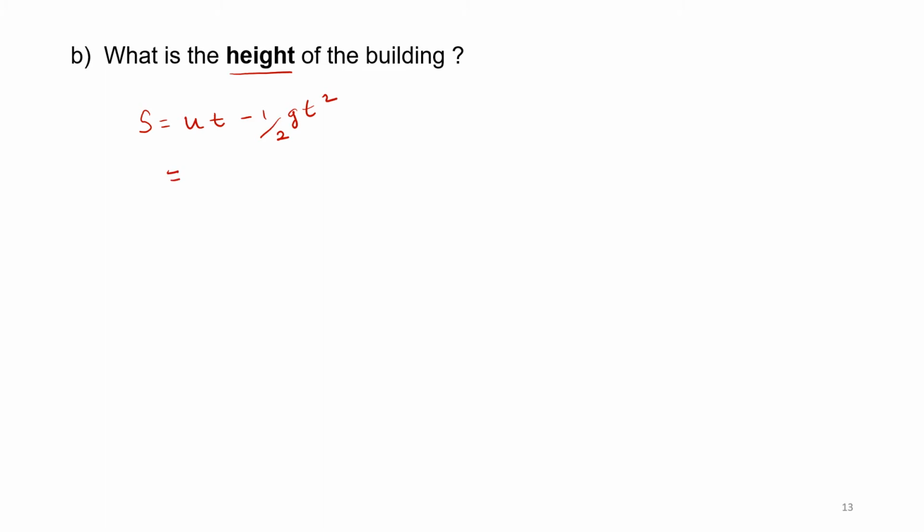Substitute U multiply T, we get 0, U is 0, multiply T, minus half G 9.81, time 2.8 second, and then we calculate, we get height negative 38.46 meter.